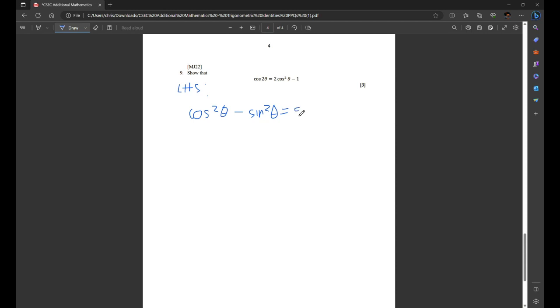So that's going to be cos squared theta minus, again using the brackets so that I don't mess up the multiplication, 1 minus cos squared theta.